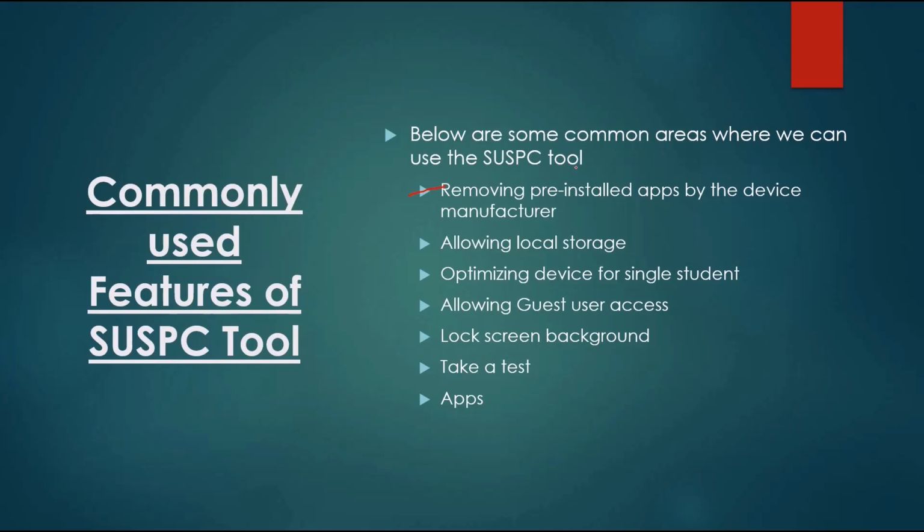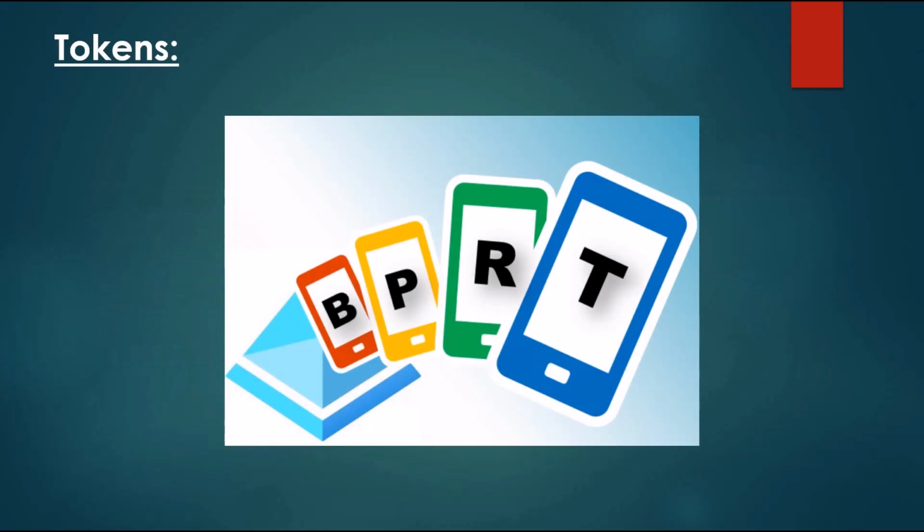This is talking about the areas that we can control using the Setup School PC tool, not Windows Configuration Designer. So we can remove pre-installed apps, allow local storage, optimize the device for a single student, allow guest users, put in a background screen for the lock screen, set up test taking, and install applications, right? We already saw that in the screenshot.